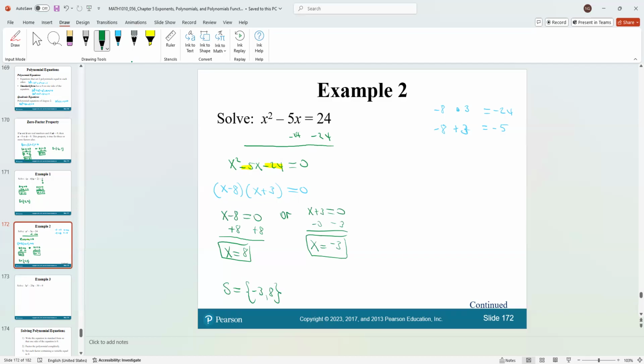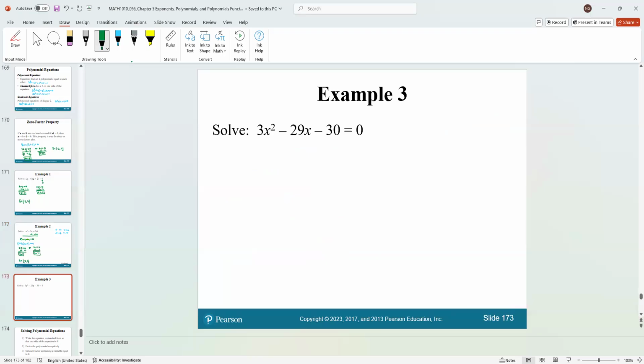Now, let's suppose you understand this example. I would love to leave the third one for you, but let's do it that way. Now, you see, each term on the left has a coefficient. We have 3, negative 29, and 30. Is there any common factor here that we can call GCF, the greatest common factor?